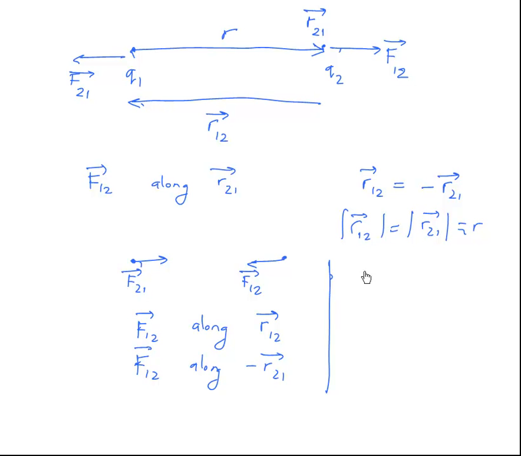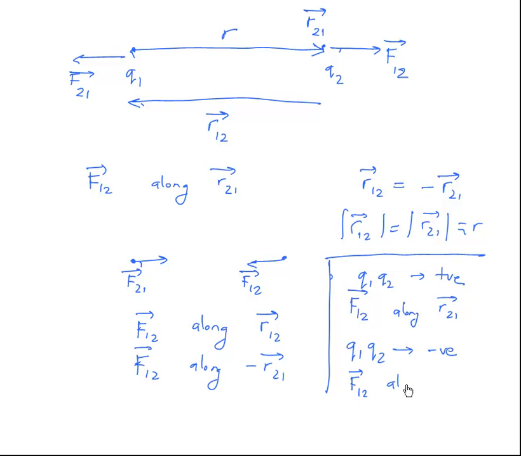When Q1 and Q2 are alike, Q1 Q2 will be positive, and in that case, F12 is along R21. But when Q1 and Q2 are unlike charges, that is, one is positive, one is negative, then the product will be negative, and then F12 runs along negative R21, which means that whether F12 is along positive R21 or negative R21 depends upon whether Q1 Q2 is positive or negative.